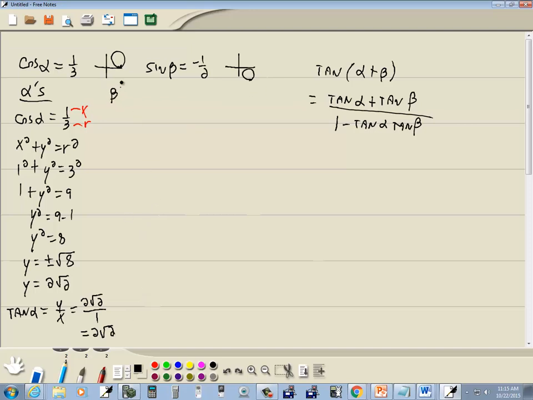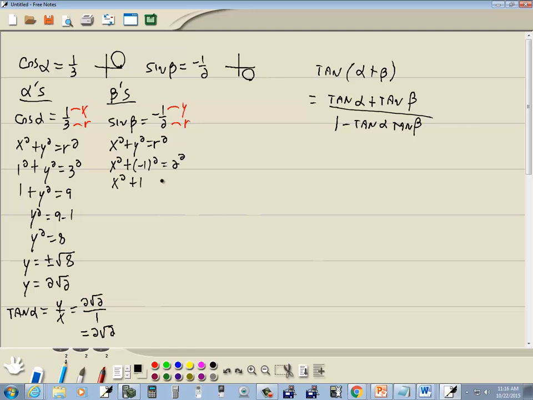Well, now let's look at beta's. They tell us that sine beta is equal to negative 1/2. Sine is y over r, so we need to find x. So I got x squared plus y squared is equal to r squared. So we got x squared plus negative 1 squared equals 2 squared.